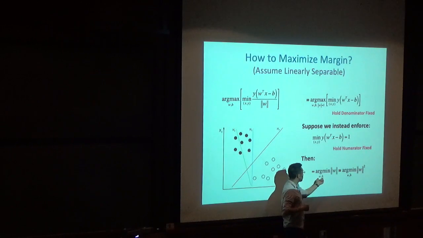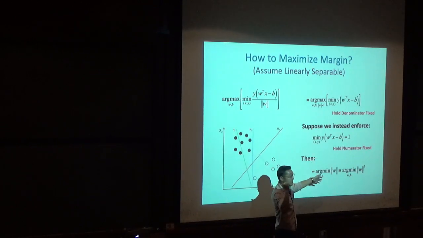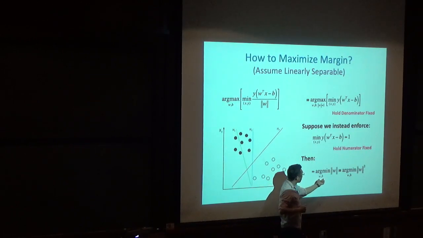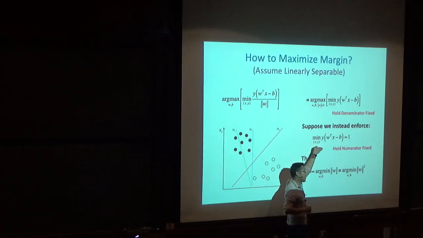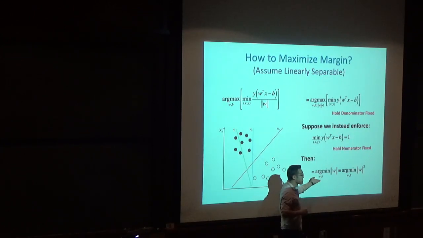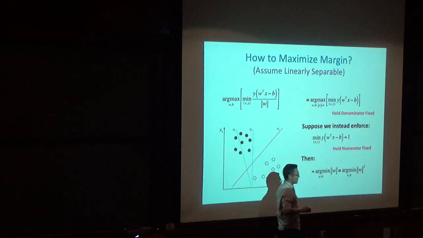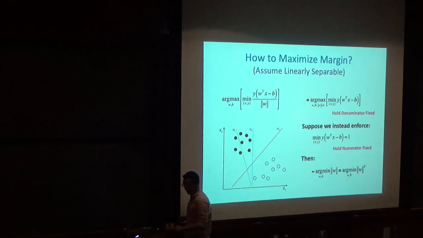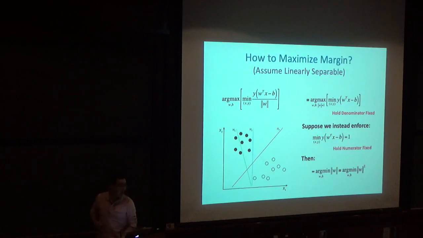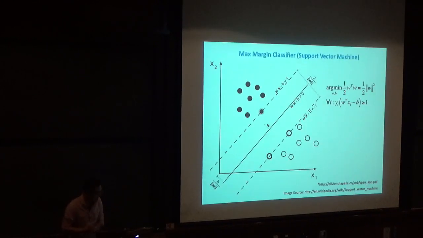I'm only caring about W and B such that this constraint is true, because this is not as formal as the next slide is going to be. So that precludes some possible W and Bs. And of those W and Bs, I want to find the one that has the smallest 2 norm on the W. OK, so I think it's going to be helpful if we move on to the next slide.